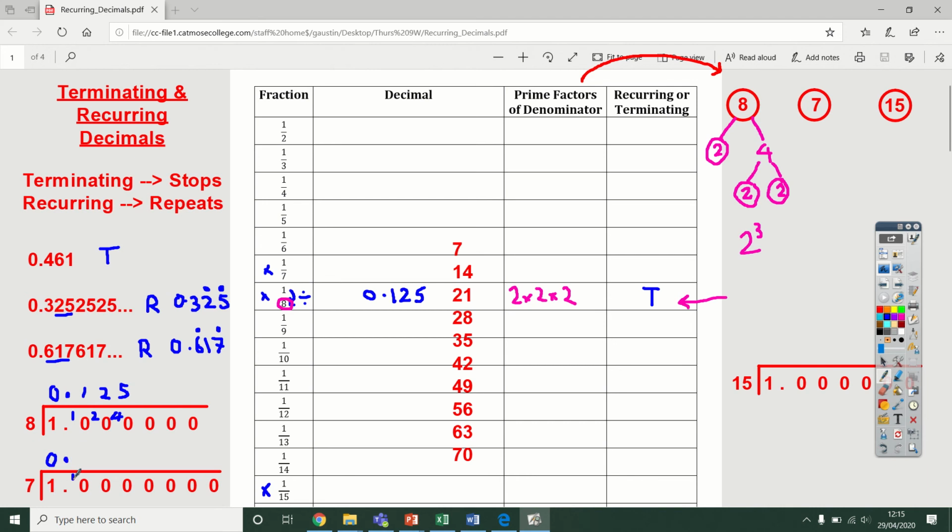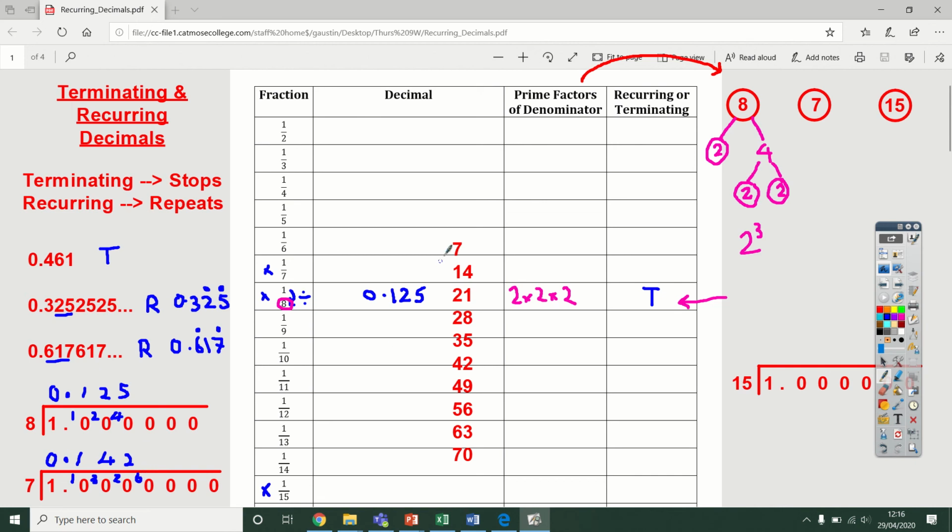There's 1 left over. 7s into 10 goes once to make 7, and there's 3 left over. 7s into 30, I can get to 28 with 4 lots. And then there's 2 left over. 7s into 20, okay, looking at this, that goes in twice, that makes 14. And then there's 6 left over, 6 is my remainder.